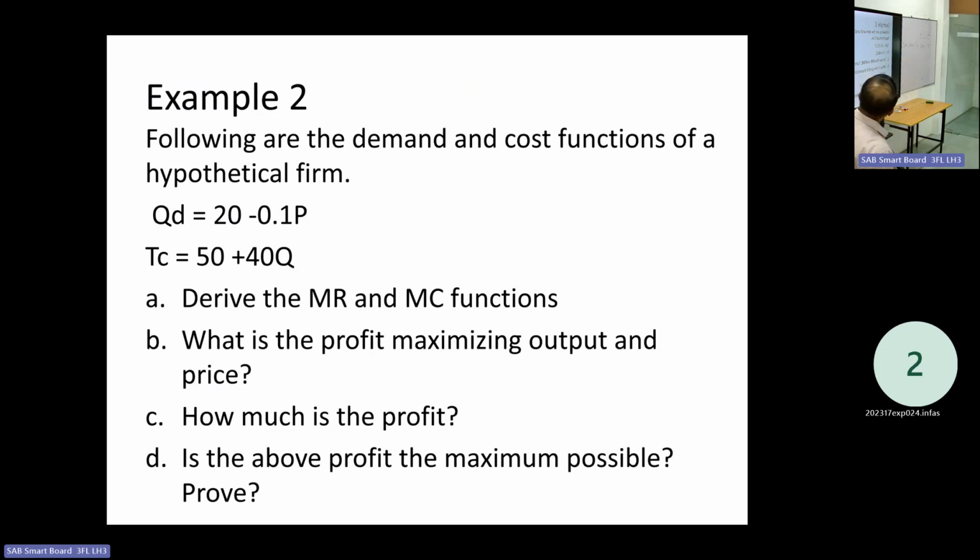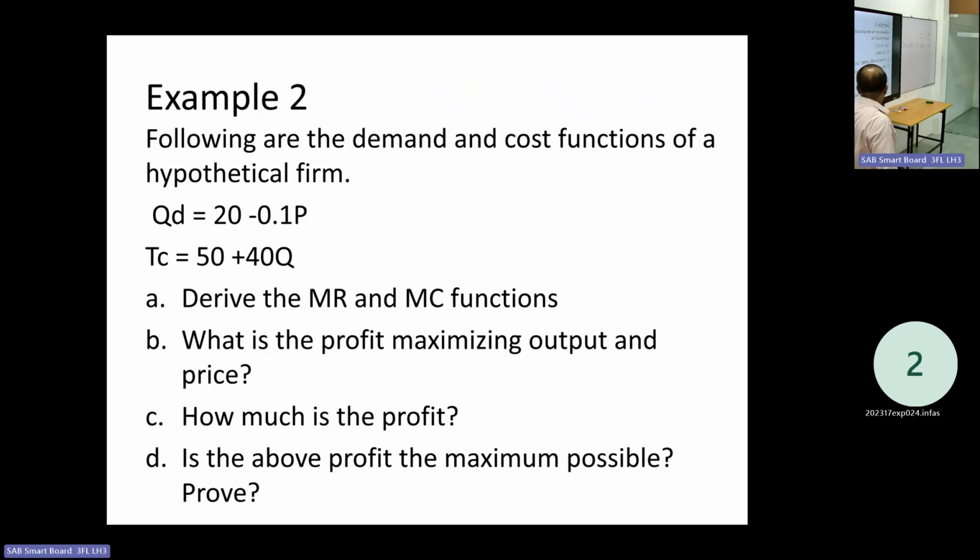Okay. So we have given another function, right? Demand and the cost function is given, same way that we talked about earlier, right? So what we need to find is the marginal cost, marginal revenue function, and the profit maximizing output level, right? By equating marginal cost to marginal revenue, we can take the profit maximizing output and the price.